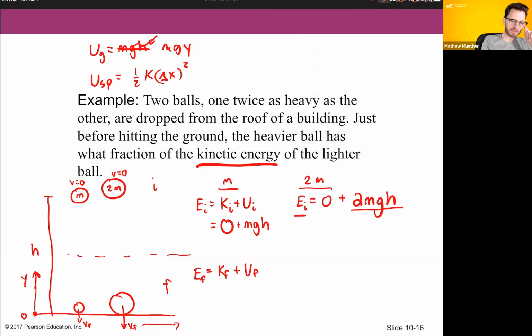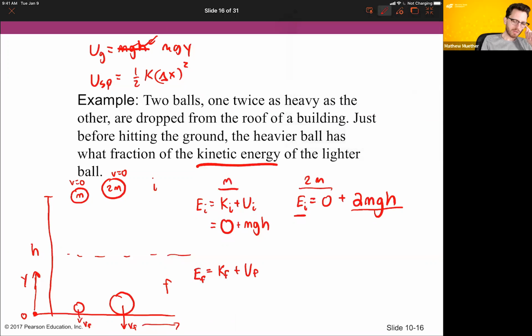So for the little mass m, the final energy is 1/2 m times that final velocity squared, and the potential energy piece goes to 0. On the other side, the final energy has to be 1/2 (2m) times v final squared.